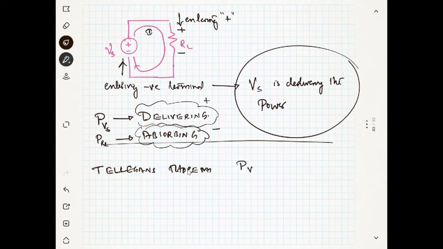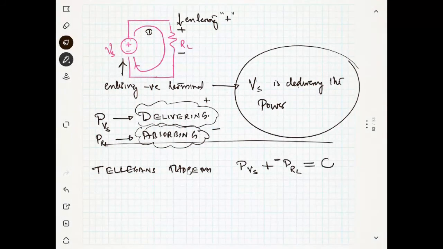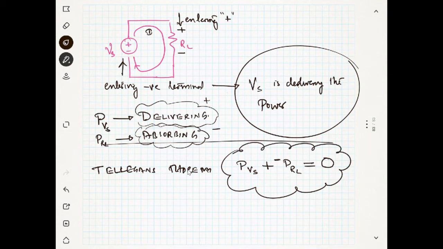That means the power delivered plus the power absorbed, with absorbed power given a negative sign, the total will be equal to 0. You understood? This assumes there are no losses; even if losses are considered, the total will still be 0.